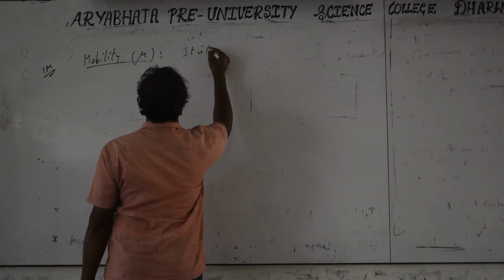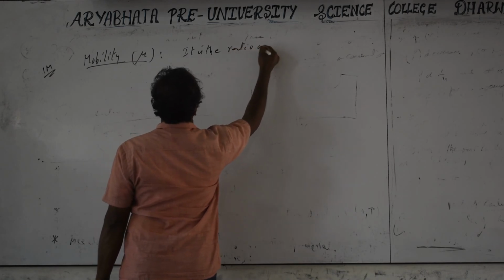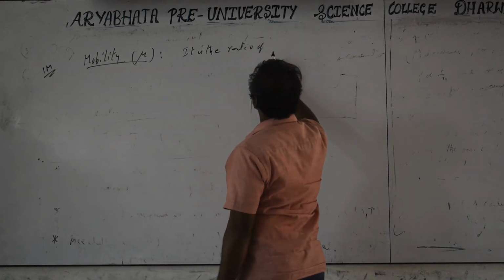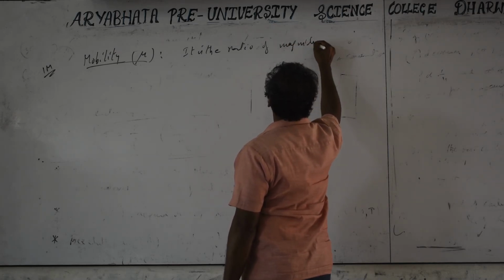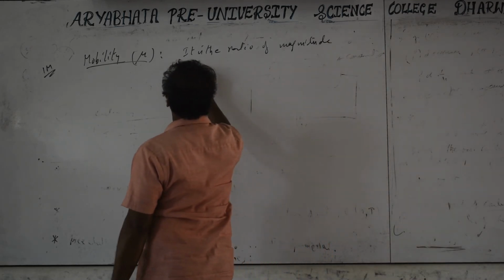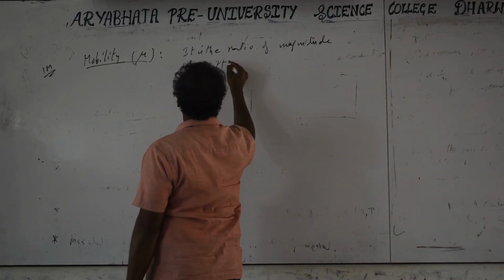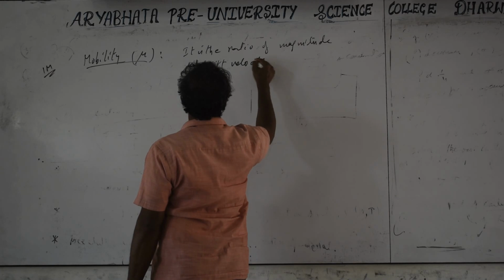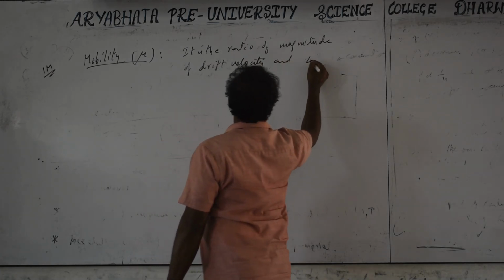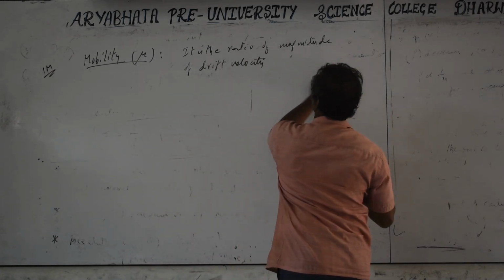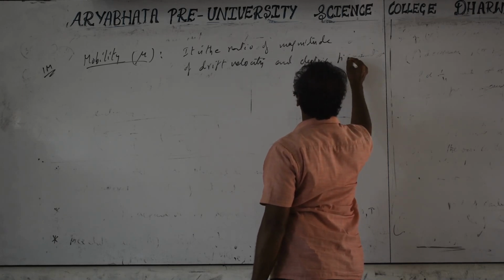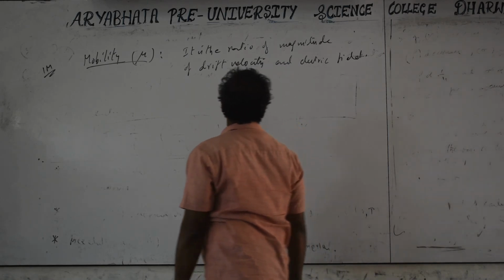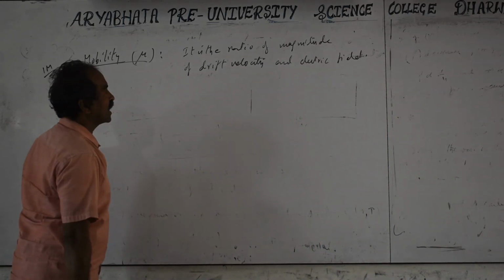Mobility is the ratio of the magnitude of the drift velocity and the electric field.